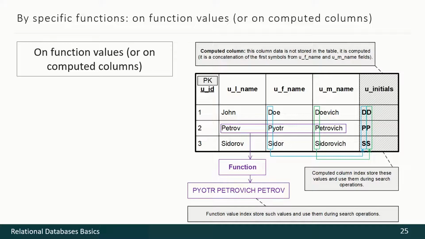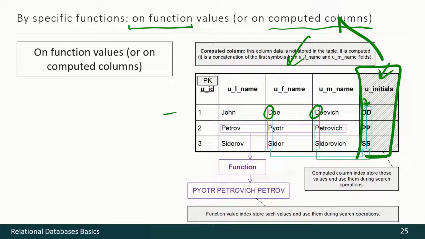In some cases, we want to index something that does not exist in a table yet, maybe a result of some function calculation or some computed column calculation. So imagine we have a list of people and we have some information from their name and middle name to form the initials, but we do not store initials in that table.